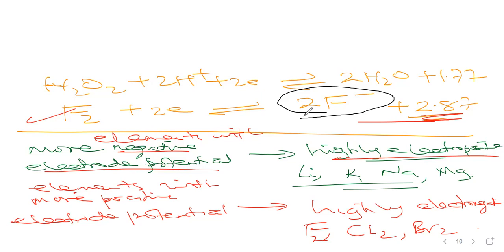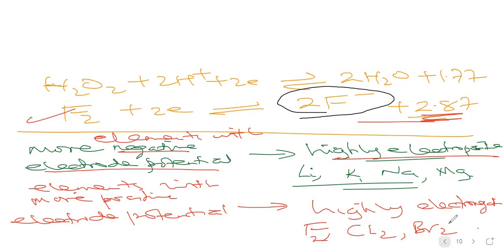So we are saying that fluorine with a more positive electrode potential is the strongest oxidizing agent, and the lithium ion is the weakest oxidizing agent.